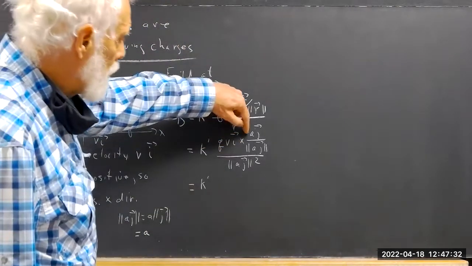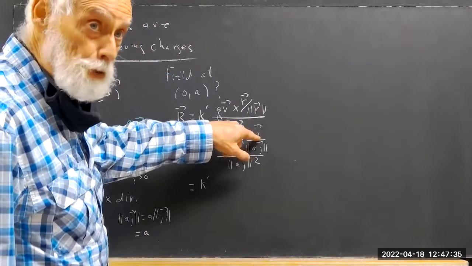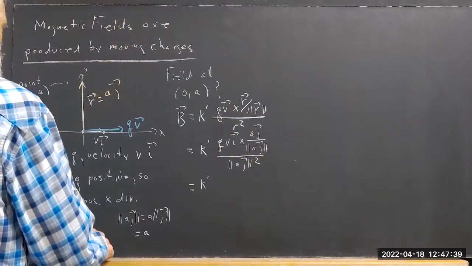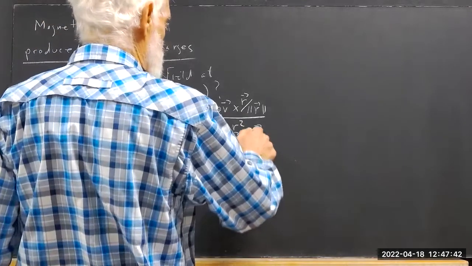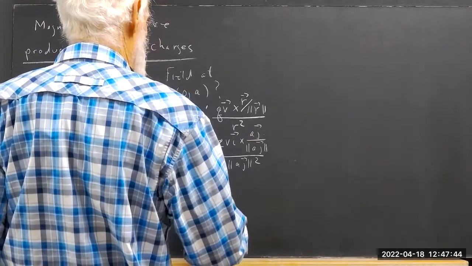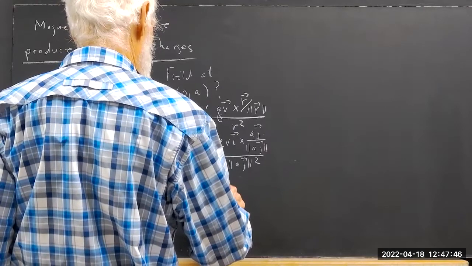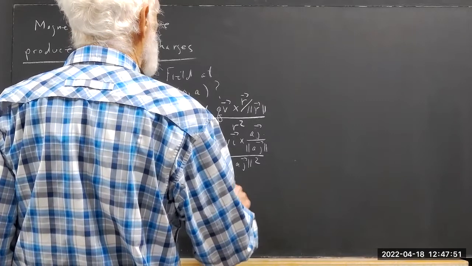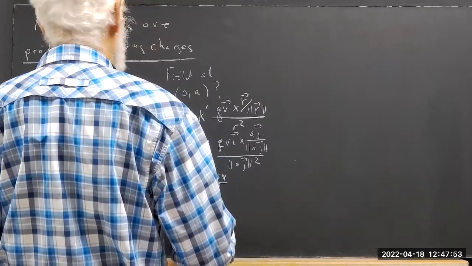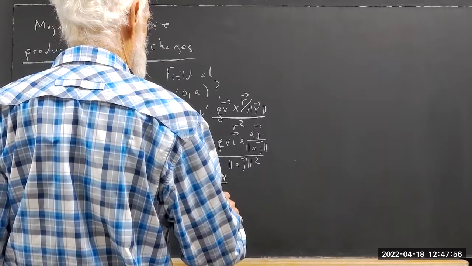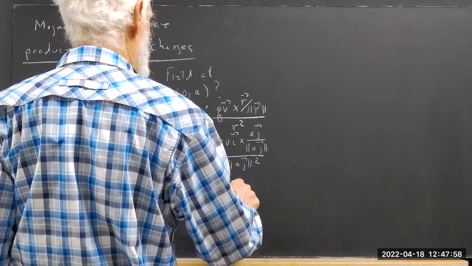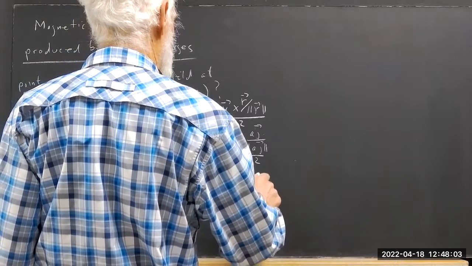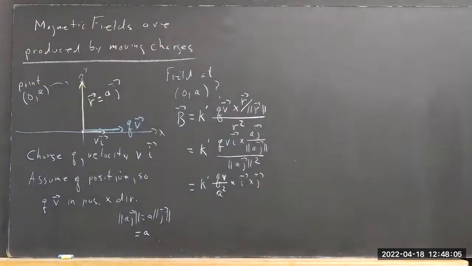And of course, up here you've got Aj over A, which is just j. So what you're getting is QV over A squared times i cross j.